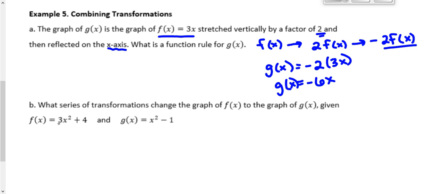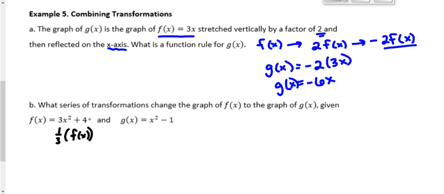So for starters, you notice that in this one we have 3x squared, and this one we just have x squared. Somehow they had to take 1/3 of f of x to get to g of x.